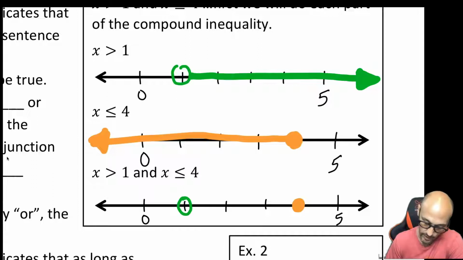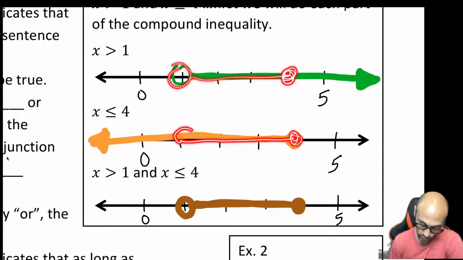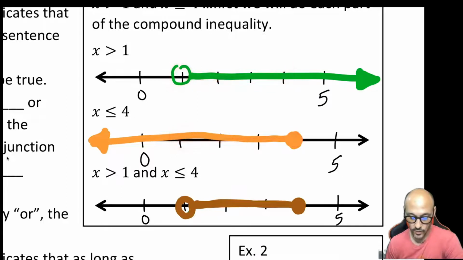Maybe some kind of weird brown. So the actual solution looks like that. It's this portion right there. So it's the overlap of the two parts of the compound.